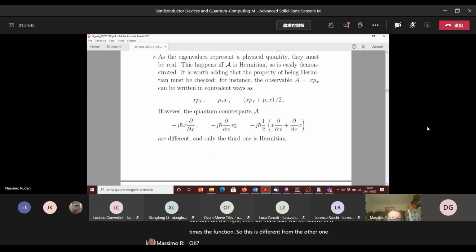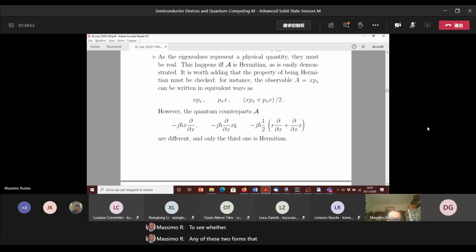Also, you may check to see whether any of these two forms, the first or the second form, are Hermitian, and none of them is Hermitian. So these two operators should be discarded. They are not Hermitian. Instead, if you take the fancy form, that is the symmetrized product, xp plus px divided by 2, you find the operator minus j h bar divided by 2 times x derivative plus derivative x.